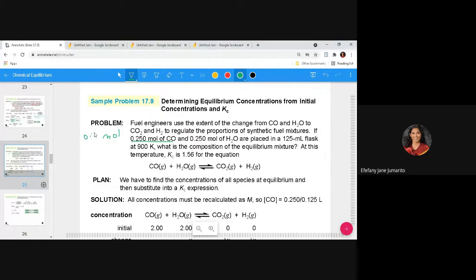So we have 0.250 moles divided by 0.125 liters. It is in mL, so let's convert to liters: 125 divided by 1,000 is 0.125 liters. This is equal to 2 molar.